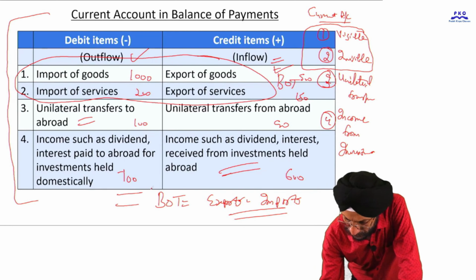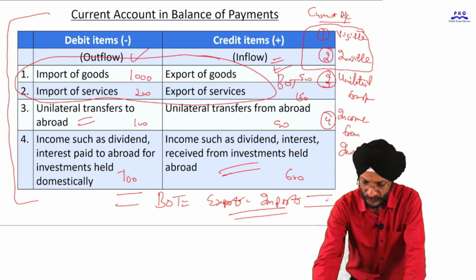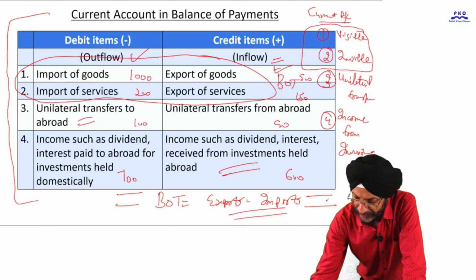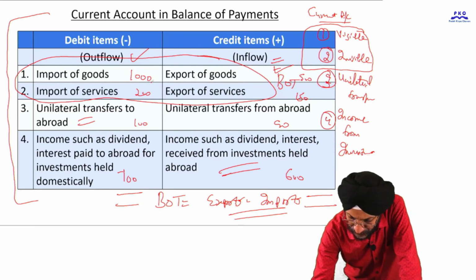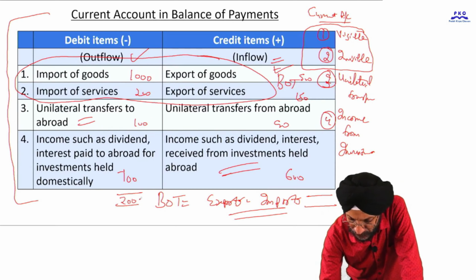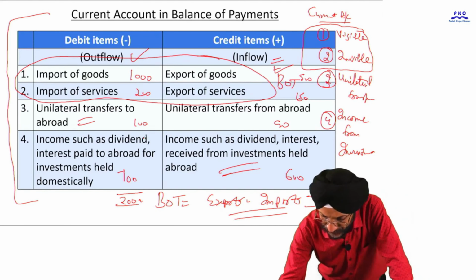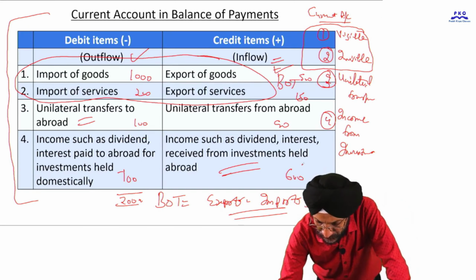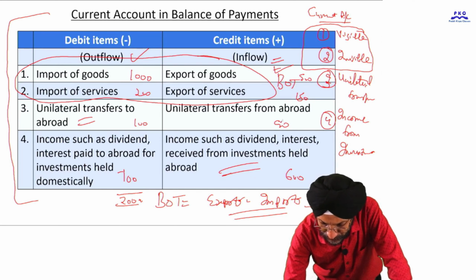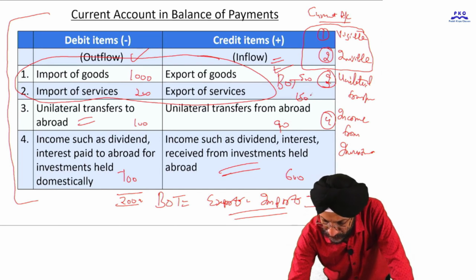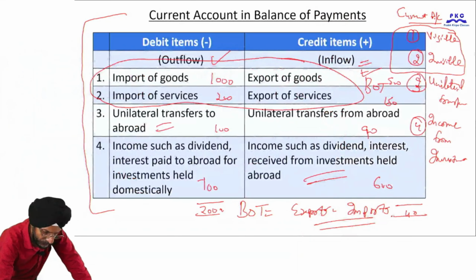And when we total the debit side and credit side, what comes? It comes 2000, 1000, 700, 200 and 100, and on the other side 1340.